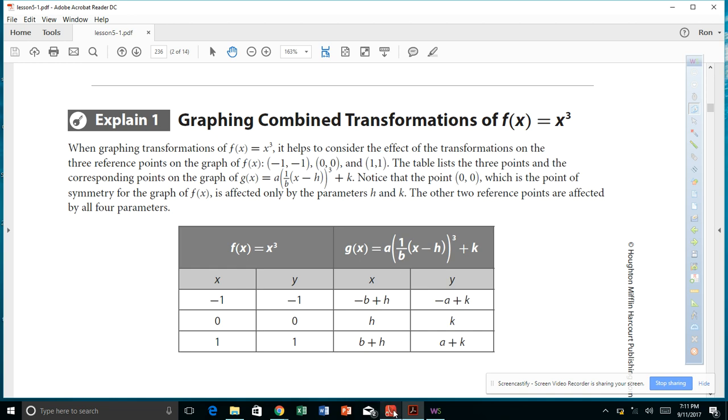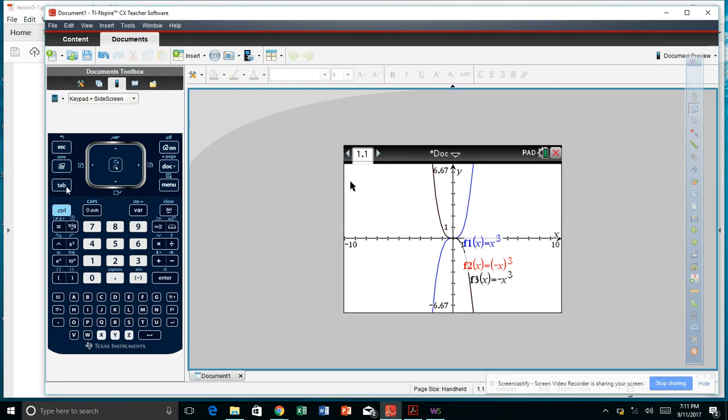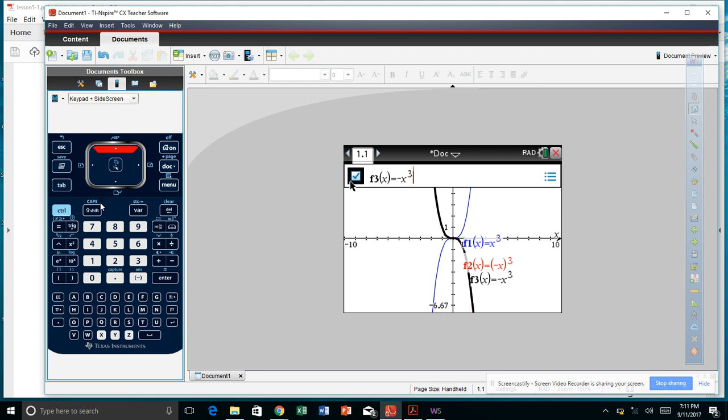Now let's go back to this. And then tab, and we'll get rid of that one. And we'll go up and we'll get rid of that one. And now let's press enter. I'll try to get rid of both of them.